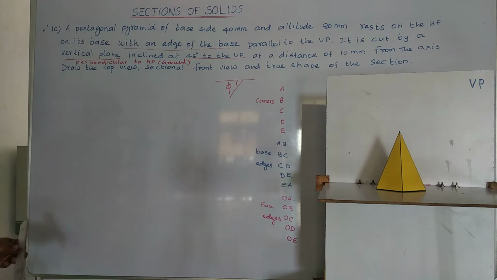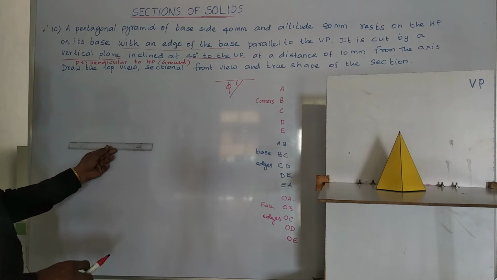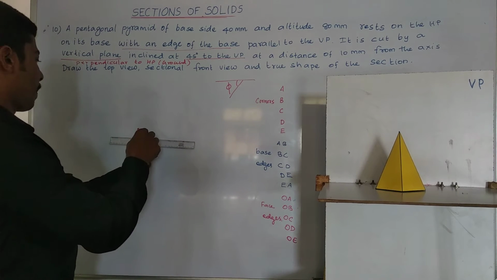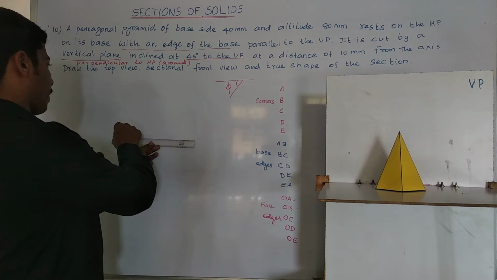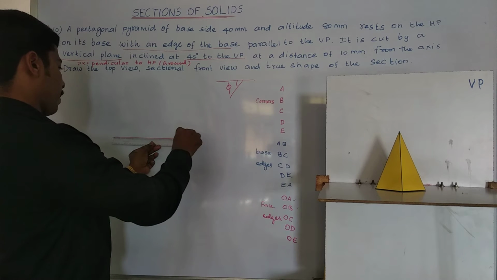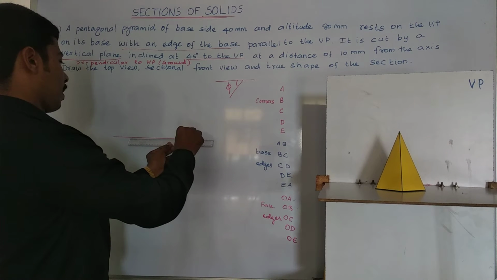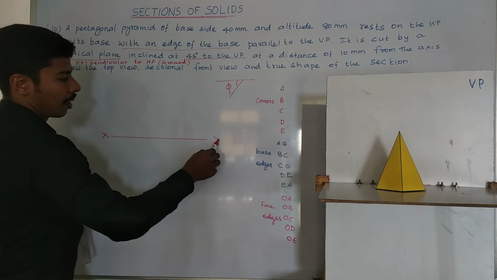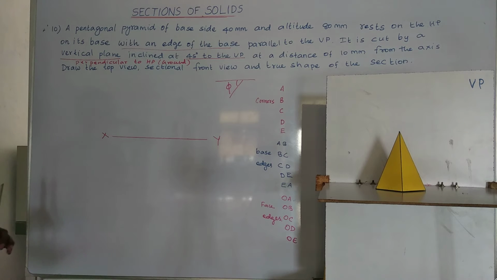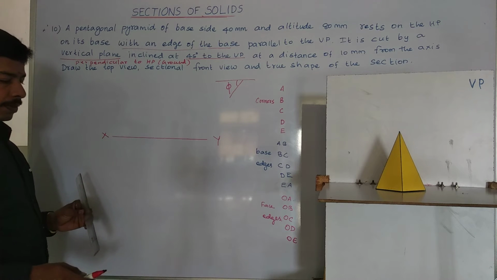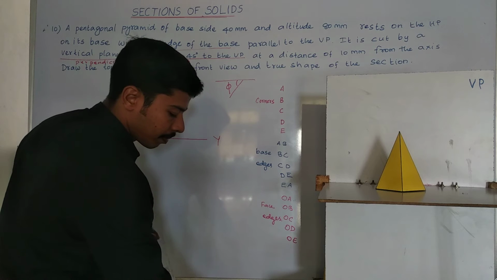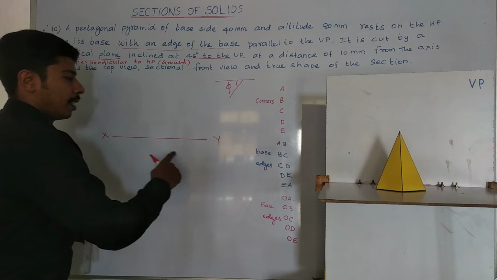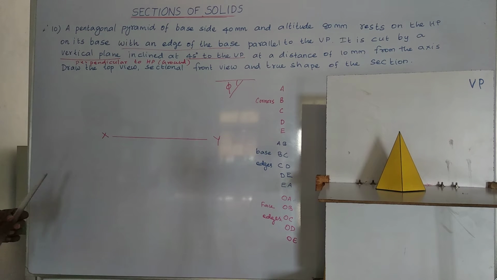First we draw the reference line XY. Initially, I am using the red color for drawing everything, because red color means you may use a 2H pencil.